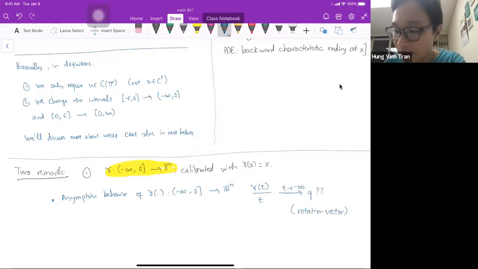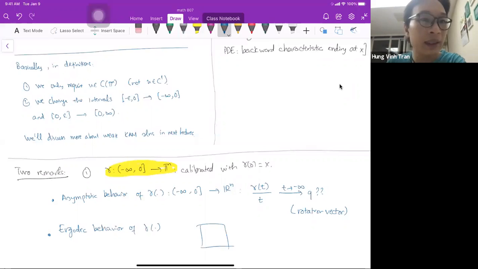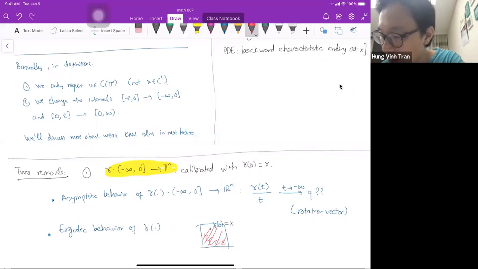People are also going to talk about the ergodic behavior of gamma, because you can think about it as a curve in the torus, with gamma 0 equals x. Is your curve periodic, or is it dense in the torus, or does it give you some invariant measures out there?